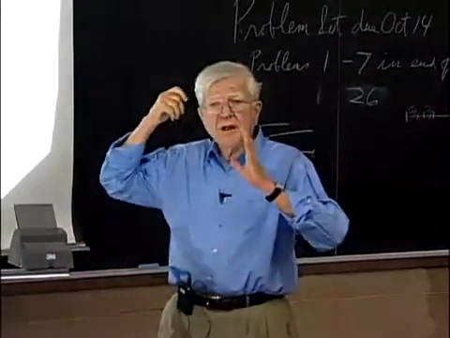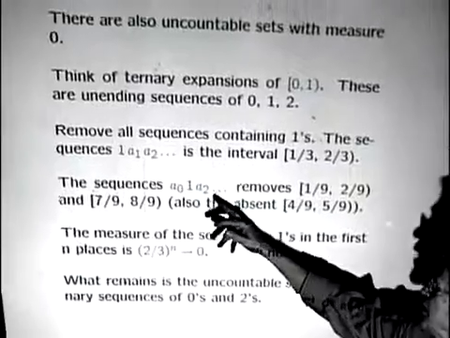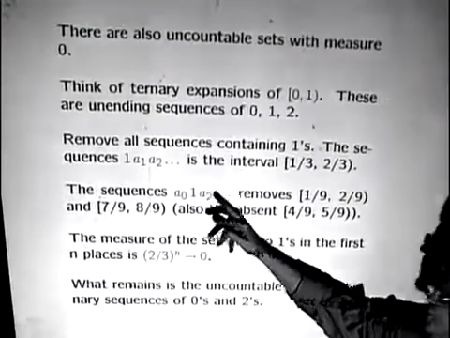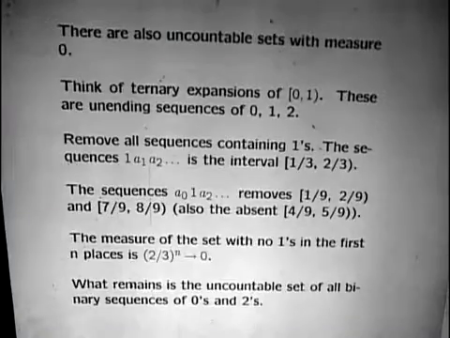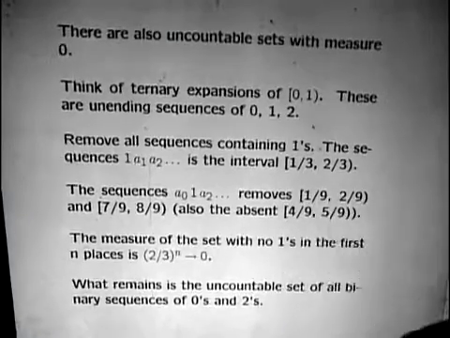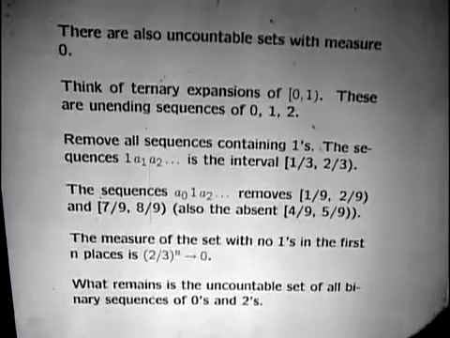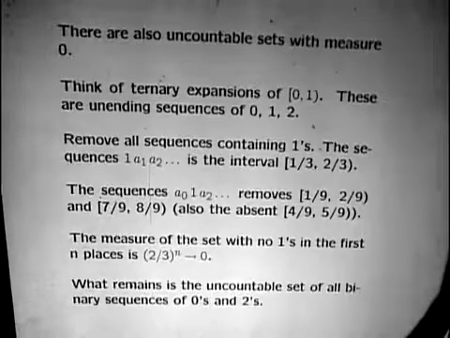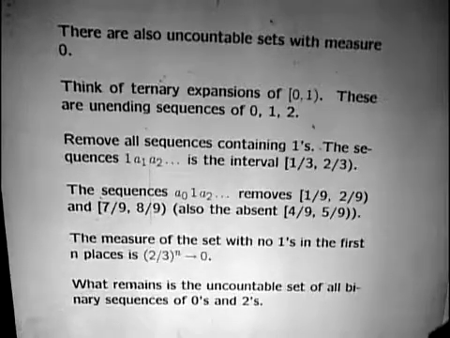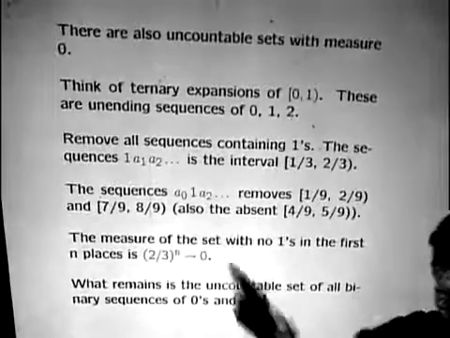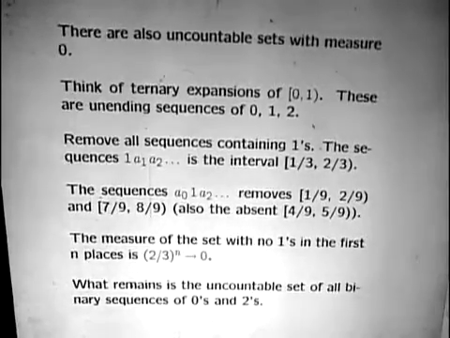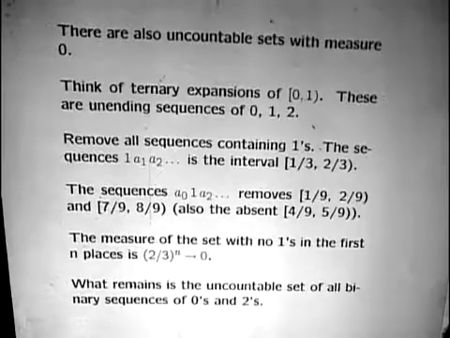Well, each time we remove one of these, when I do this n times, the first time I go through this process, I've removed 1/3 of the numbers. I'm left with 2/3 of the interval. When I remove everything that has a 1 in the second position, I'm down with 2/3 squared.